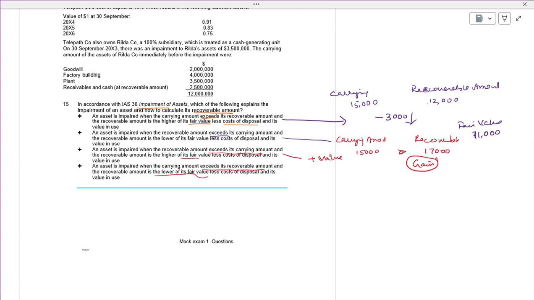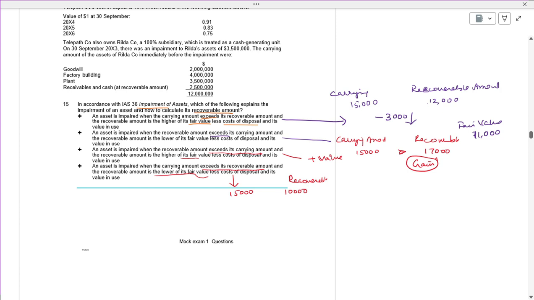Carrying amount is 15,000. Recoverable amount is 10,000.